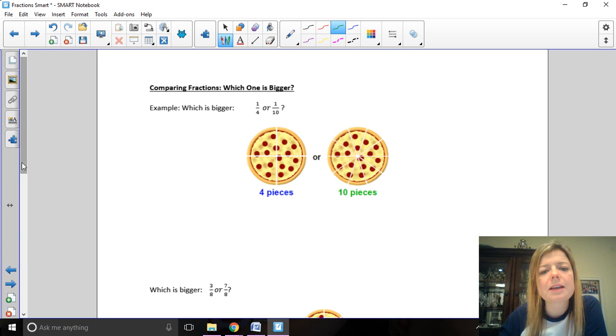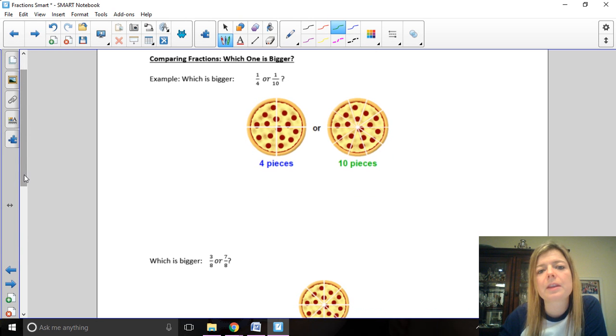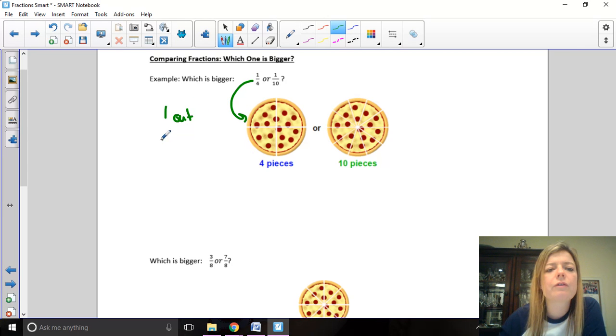Now, how can you tell if something is bigger? Okay, let's go back to that McDonald's and A&W video you watched. We care about which fraction is bigger. So 1 over 4 or 1 out of 10, which one is bigger? Well, 1 out of 4 is saying 1 out of 4 pieces. That's what it means, right?